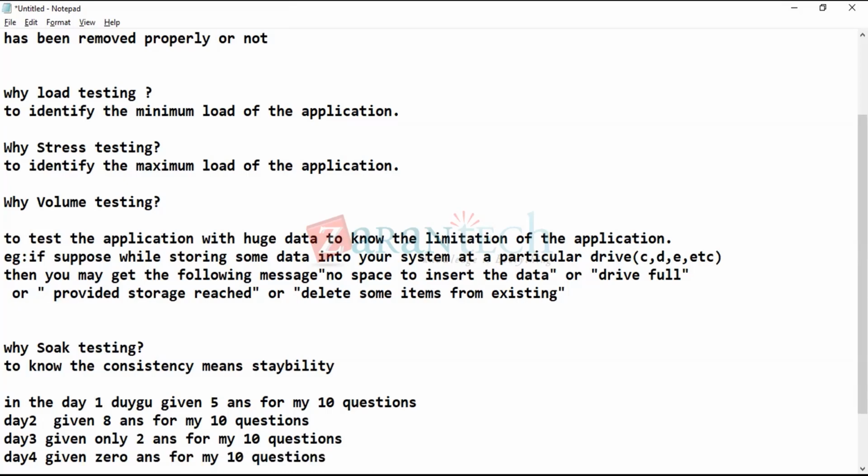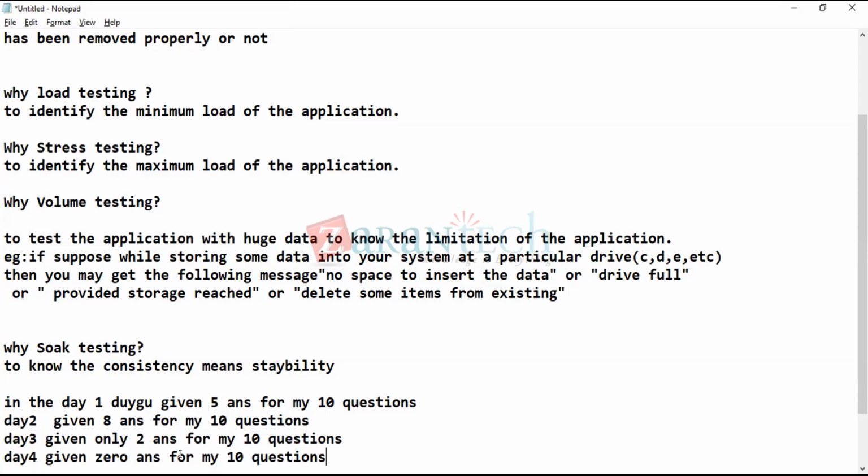Is this consistency? No, this is not consistency.